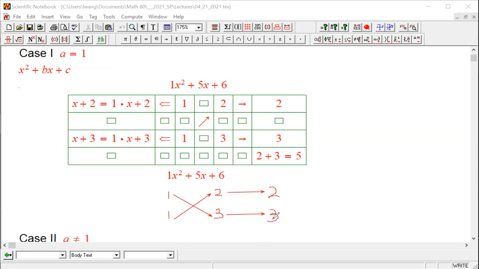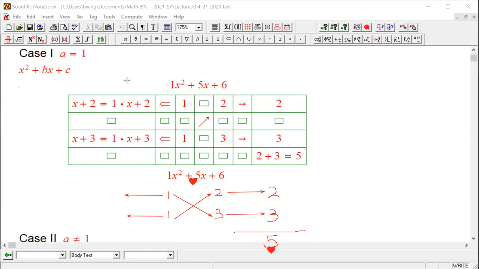And then we add the 2 and 3, we get 5. Does the 5 match the 5 over here? It does. Positive 5, positive 5. We want that perfect match. Once that perfect match is made, we got our factors. We got 2 factors, one from each row.